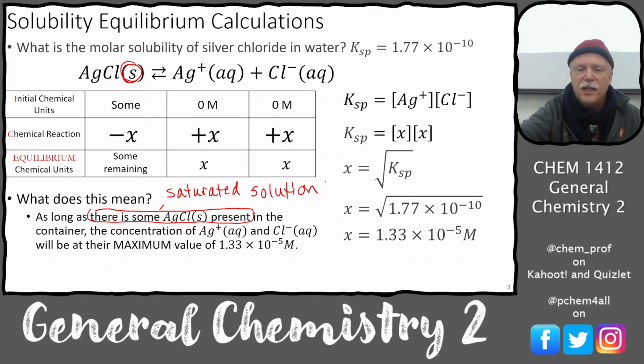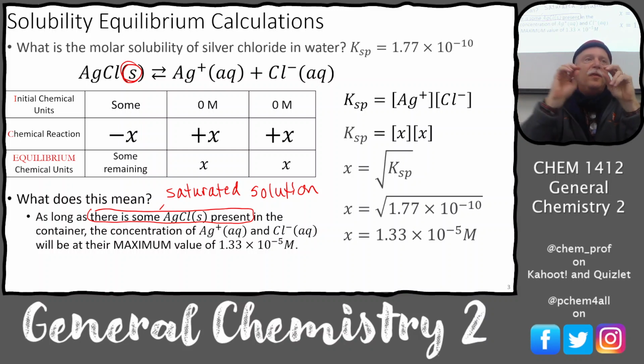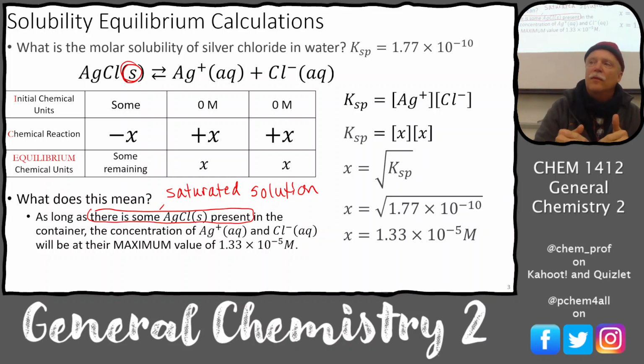So as long as there's a saturated solution of silver chloride, then the silver ion and the chloride ion concentration will be their maximum value, 1.33. Let's say we didn't have enough silver chloride to give us that maximum value. Well, then that tiny little amount of silver chloride would just completely dissolve, and we would have a less than maximum value. They have to reach 1.33 times 10 to the minus 5 for this precipitate to form.